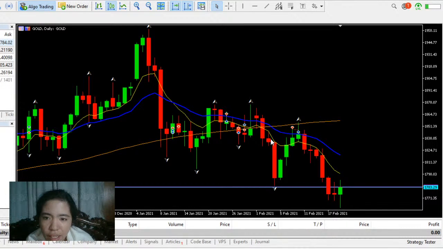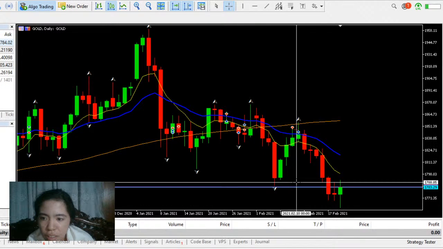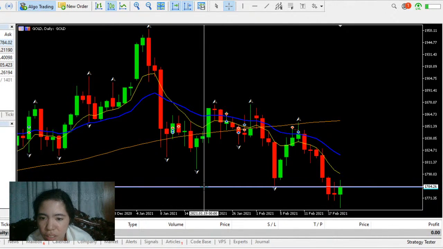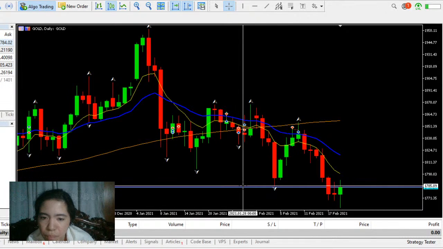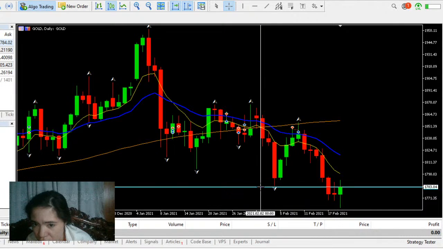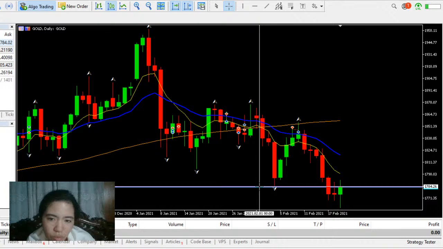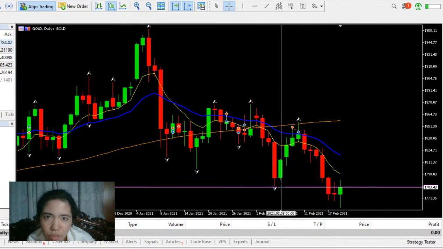We can see that the yellow is still below blue. It's still bearish bias. But I think I can see here a horizontal at about the current market price, where the bid-ask line is, which is 1783. On this line, price 1783, we have our horizontal there.